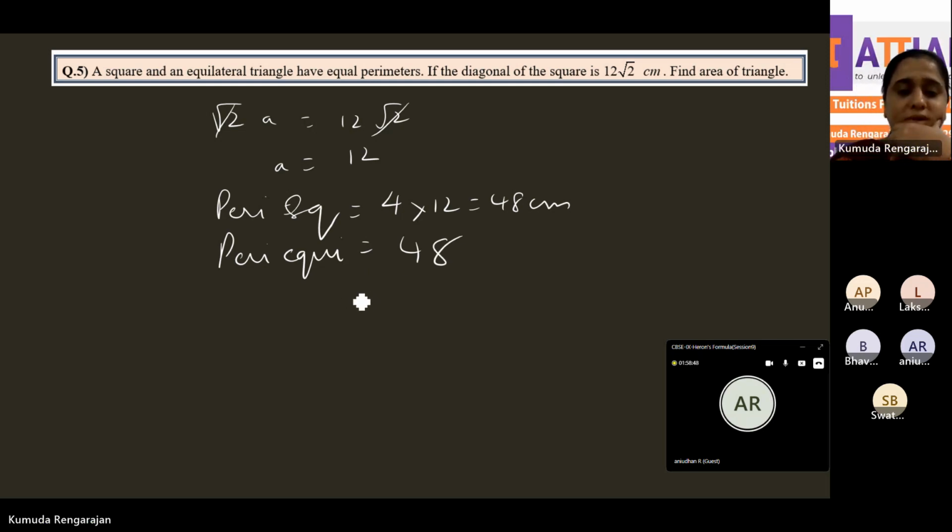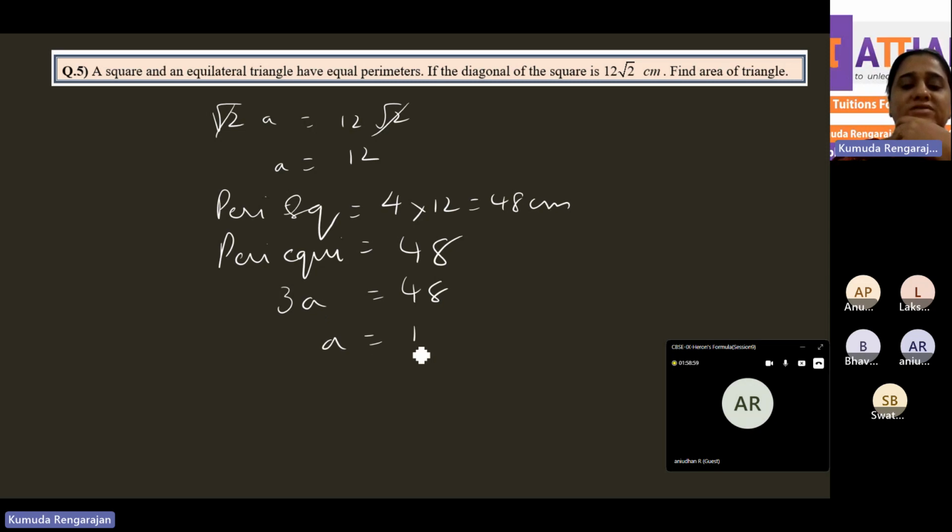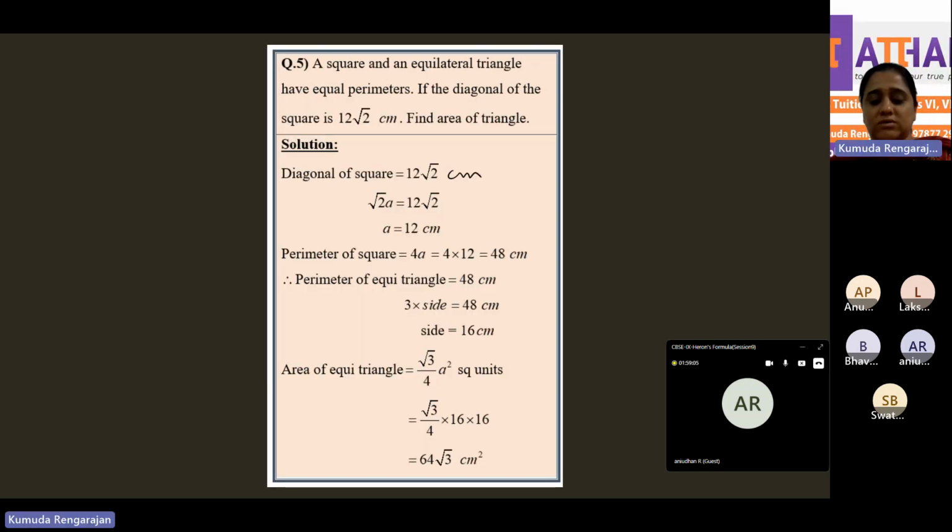Yes, ma'am. So how do you find the perimeter of an equilateral triangle? 3a. 3a is 48. So a is equal to 16. So now using this, you can find the area of the triangle. All right, very good.